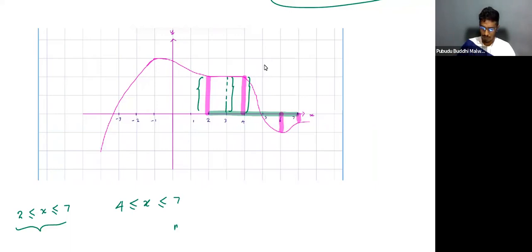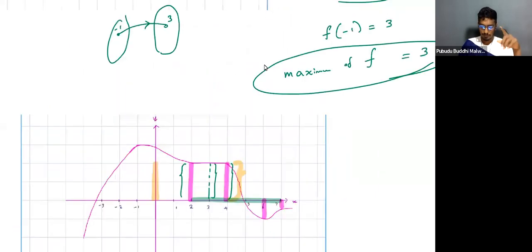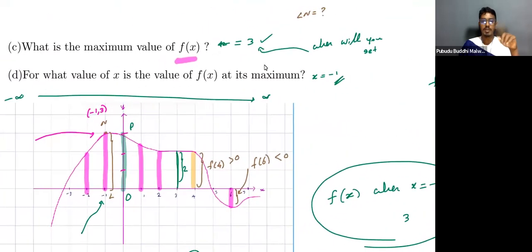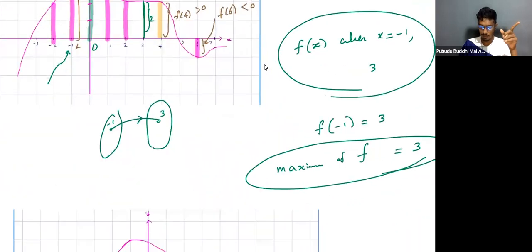So the maximum function value equals this height. Can you see that? This height. That height equals this height, that is 2. So the maximum function value is equal to 2. And for what value of x is the value of f of x at its maximum?